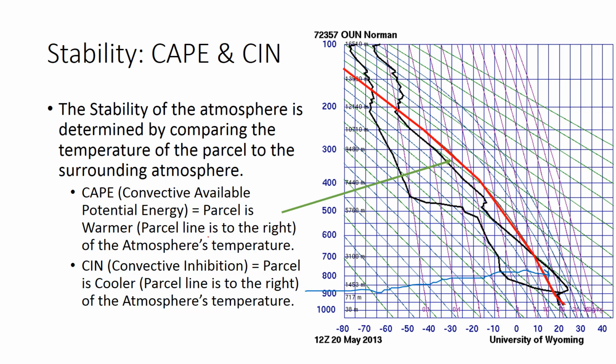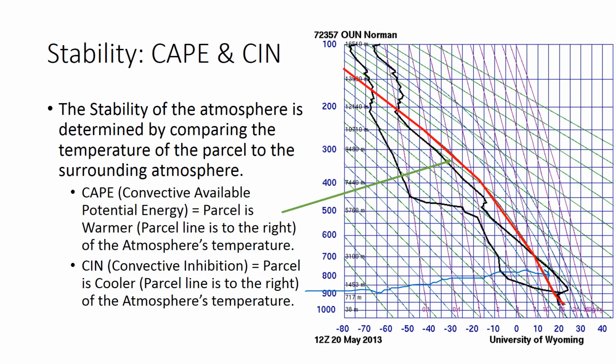Now, on the other hand, once the parcel gets up to here, sorry, let me get my cursor to show. A lot of times this cursor likes to disappear on me. Yeah, it's disappeared on me. Okay, that's okay.